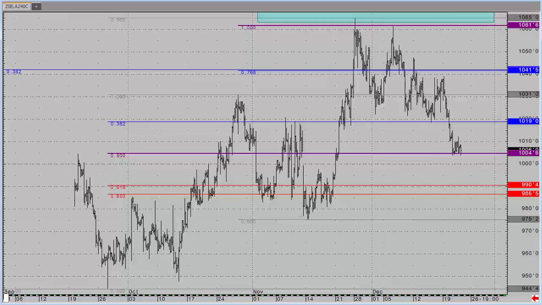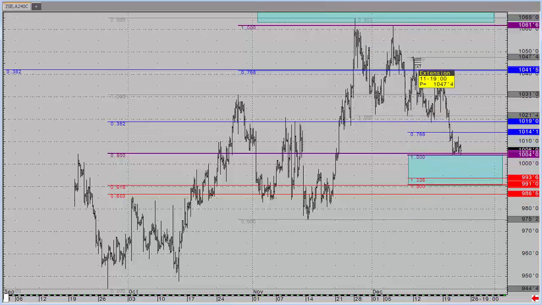A full 50% retracement is being tested right now into the 10 handle, that 1000 area. And we're going to be looking for support also coming from, if you look at this as three waves down, an overlap of the 100% or equal legs into that area too.